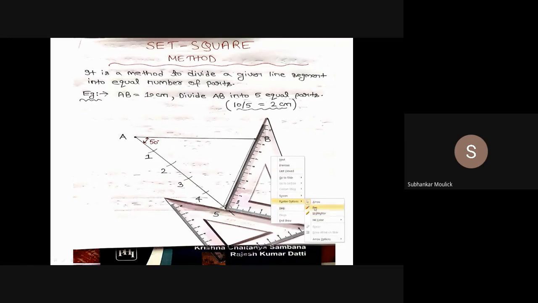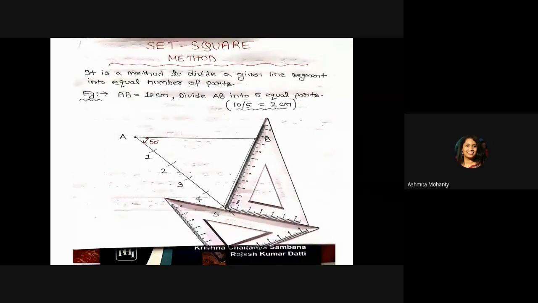The longest side of the 30, 60, 90 set square, you have to align it with the base of the 45, 45, 90 set square. You got my point? Again, I am repeating. This is the longest side of the 30, 60, 90 set square. You have to align it with the base of the 45, 45, 90 set square after aligning it with the 5B line. Like this. Is it clear?